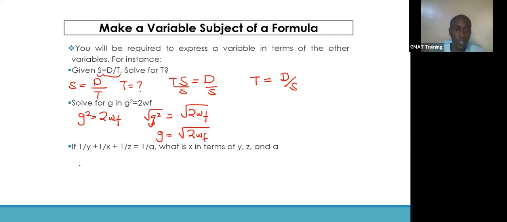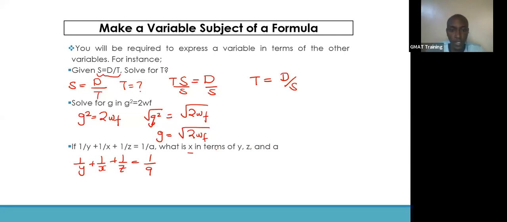And then we have our last example. We have 1 over y plus 1 over x plus 1 over z equals 1 over a. If 1 over y plus 1 over x plus 1 over z equals 1 over a, what is x in terms of y, z, and a? This is another way the questions come in the GMAT.